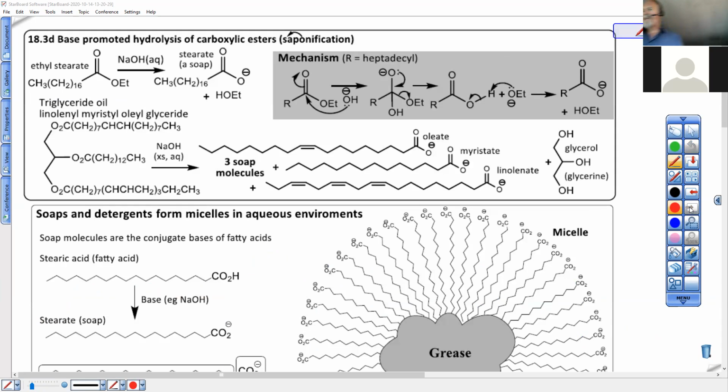And then we'll talk about the base-promoted hydrolysis of carboxylic esters. What does this mean? Base-promoted hydrolysis. It's not a catalyst. The base gets used, gets consumed, and the name of the process, if it's done with natural esters of fatty acids like these, here's a triglyceride, the name of the reaction is saponification.